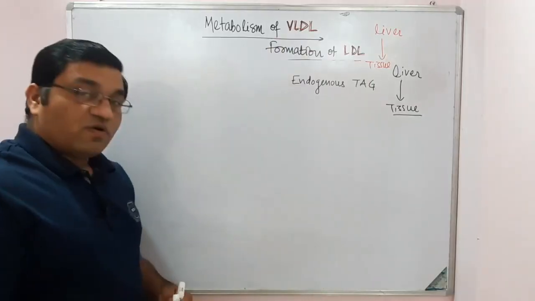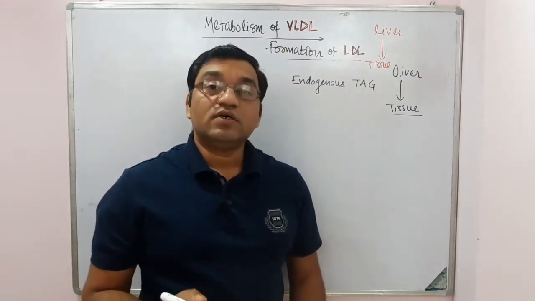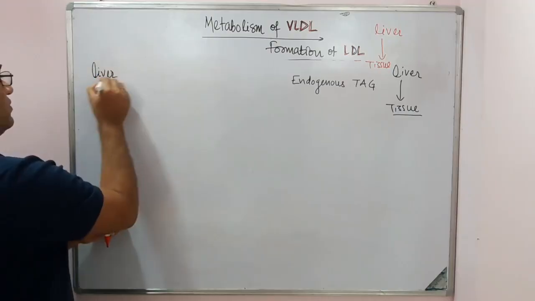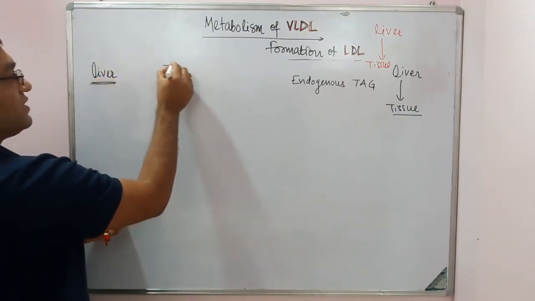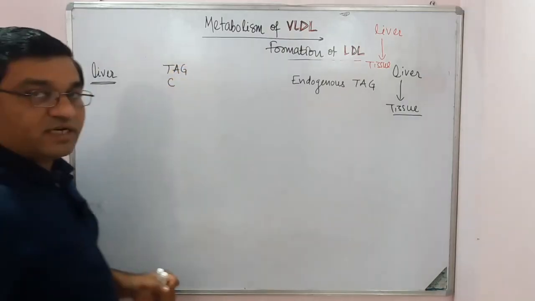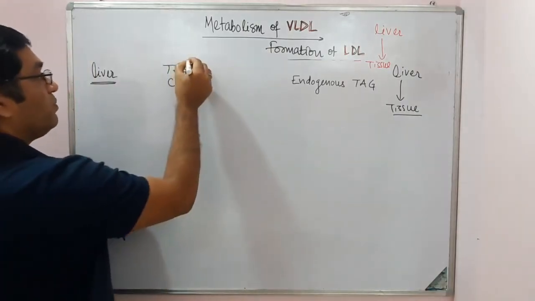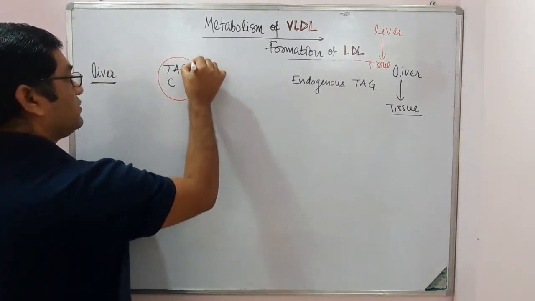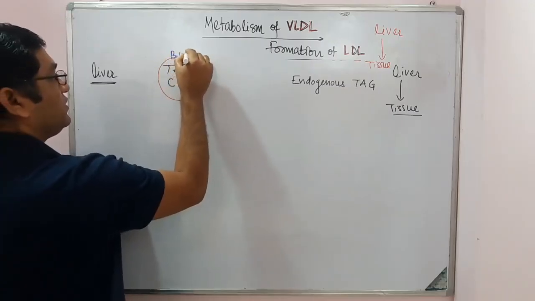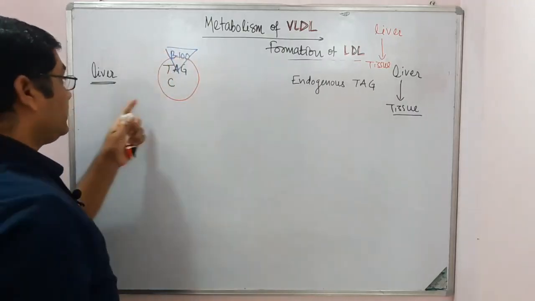In the synthesis of VLDL, the synthesis occurs in the liver. The triacylglycerol, cholesterol and cholesterol esters, and phospholipid with ApoB100 form the VLDL.